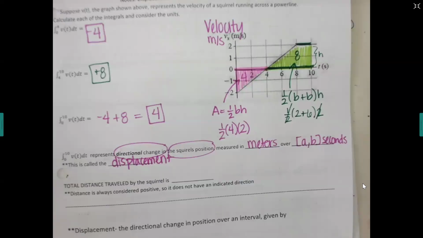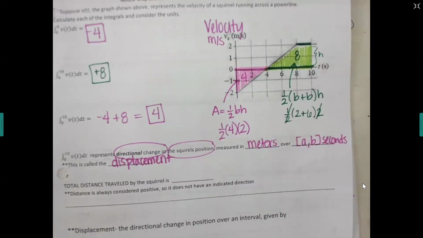From 1 to 5, it moved 4 units to the right. Now, let's say the same squirrel starts at 1, but it ends at -4. What would its displacement be? -5, because it ran 5 units which way? To the left. Does that make sense? So it's the directional or net change in position.